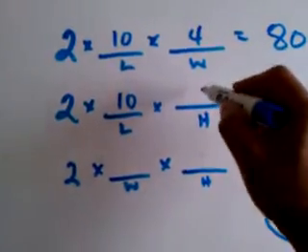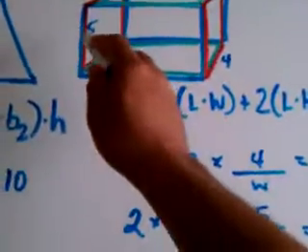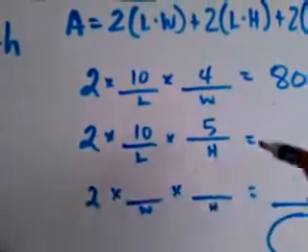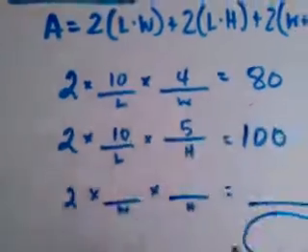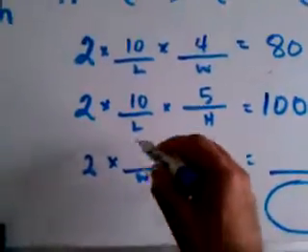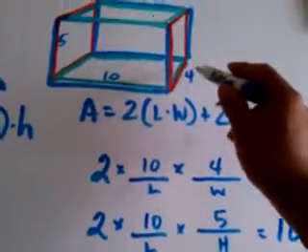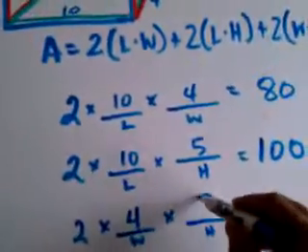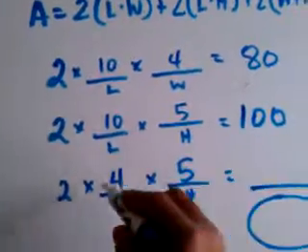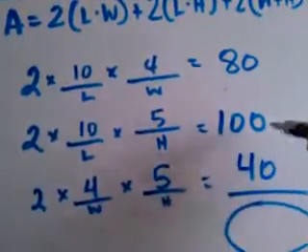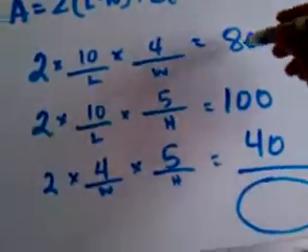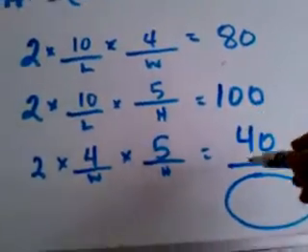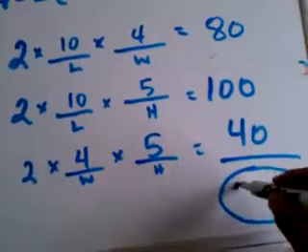The height, we said is 5, right here. So 10 times 5 is 50, times 2 is 100. And the width, we said is 4. And the height, we said is 5. 5 times 4 is 20, times 2 is 40. And when I add them all together, I get 80 and 100 is 180, plus 40 is 220.